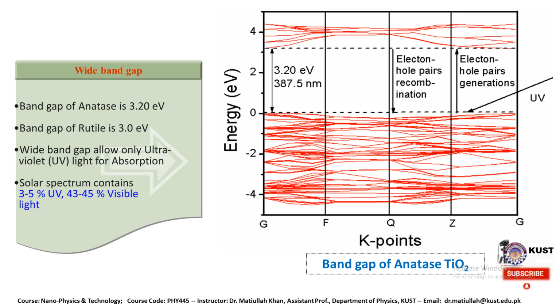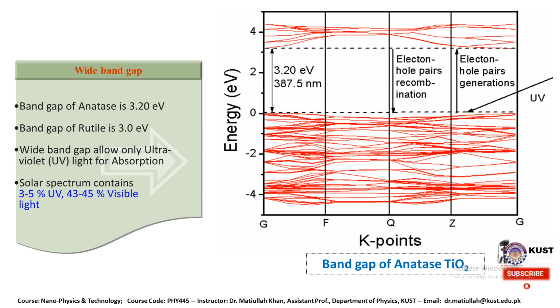we can do it with the help of electromagnetic radiation. The electromagnetic spectrum is very wide, and only that particular radiation would be utilized whose energy is equal to the band gap energy. Here in this case the band gap energy is 3.2 electron volt. So if we consider which wavelength will be suitable for shifting the electron from the valence band to the conduction band, that will lead to the absorption of that particular photon.